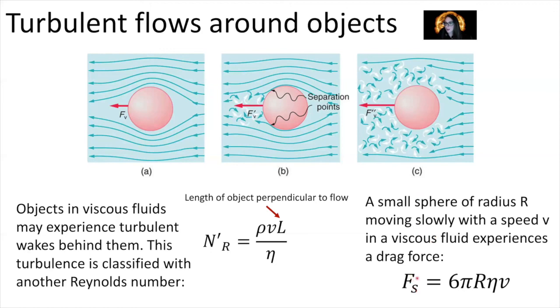And that force is given as 6 times pi times eta times r times v, where r is the radius of the sphere, eta is the viscosity of the fluid, and v here is the speed at which that object is moving through the viscous fluid. So a small sphere of radius r moving slowly with a speed v in a viscous fluid experiences a drag force. Similar to the drag force that objects experience when they're falling through the air, this is a drag force that objects experience whenever they're falling through a much more viscous fluid than air is.